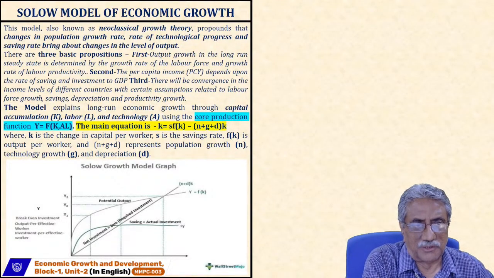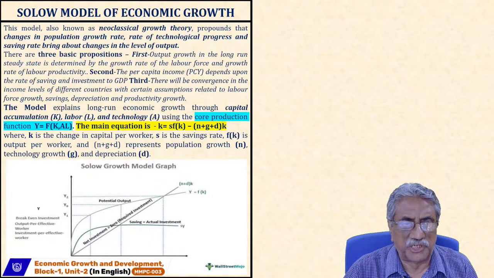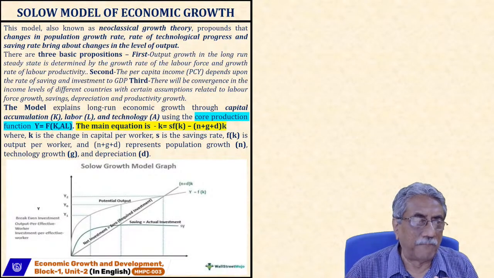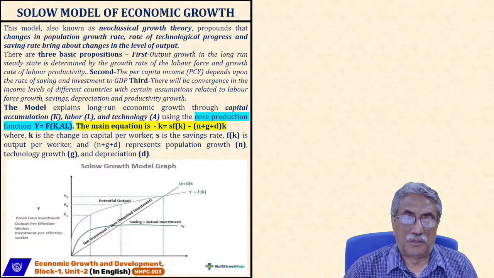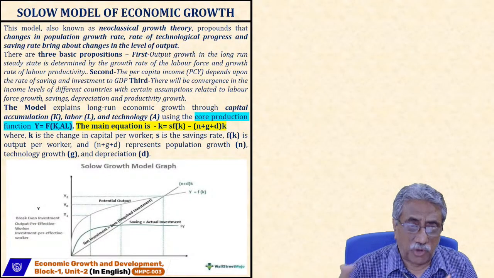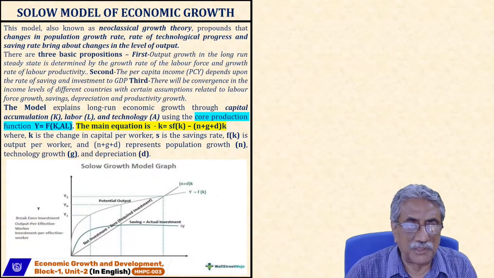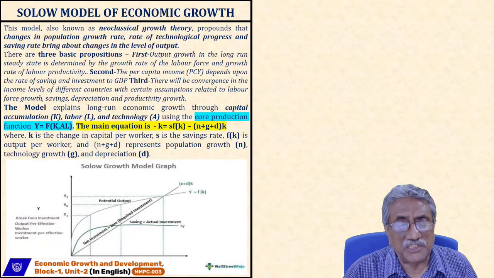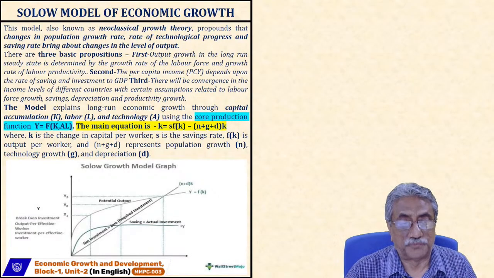That's the production function. The main equation of Solow's model is k-dot equals s f(k) minus (n plus g plus d) times k, where k-dot is the change in capital per worker, how much investment I need for one worker to work. s is the savings rate, f(k) is output per worker, and n plus g plus d represent population growth, technology growth, and depreciation.